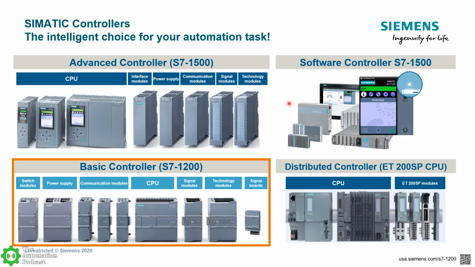We also have the 1500 as a software controller, so it'll run on a Windows IPC, or you can also have it with a Linux operating system. We also have the 1500 in a distributed form factor, so for smaller machines, you can get a compact 1500 in the same form factor as our remote I/O, our ET200SP family of remote I/O. And then, of course, there's the S7-1200, which is what we'll be discussing today.